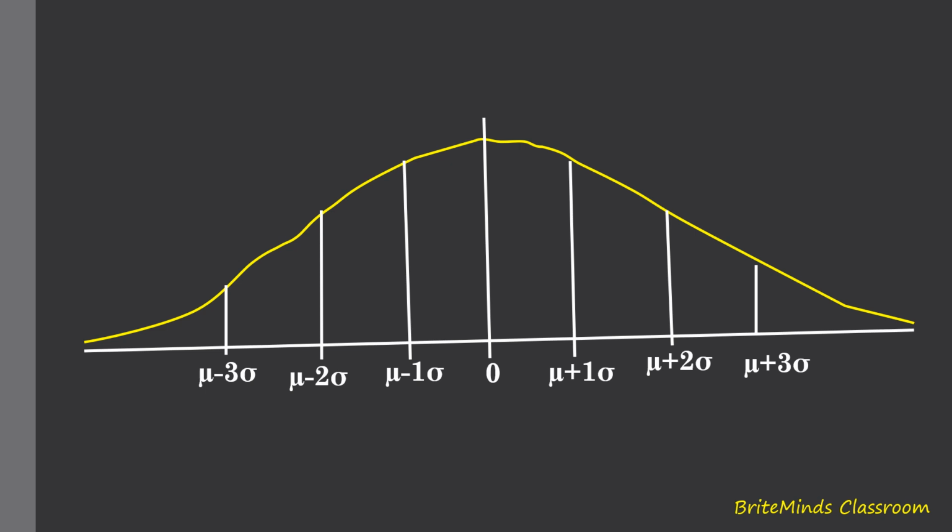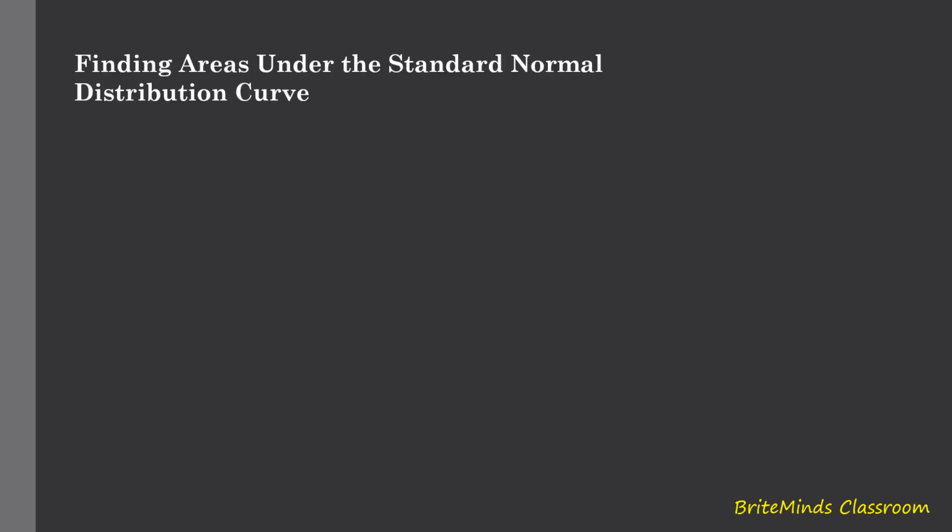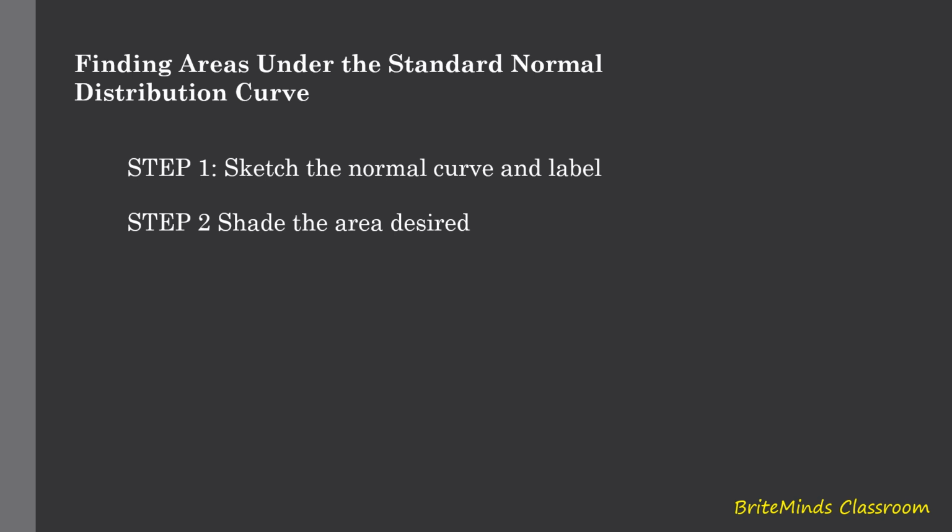The standard normal distribution is a normal distribution with a mean of 0 and a standard deviation of 1. How do we find the areas under the standard normal distribution curve? We have the following steps. Step 1, sketch the normal curve and label it. Step 2, shade the area desired.